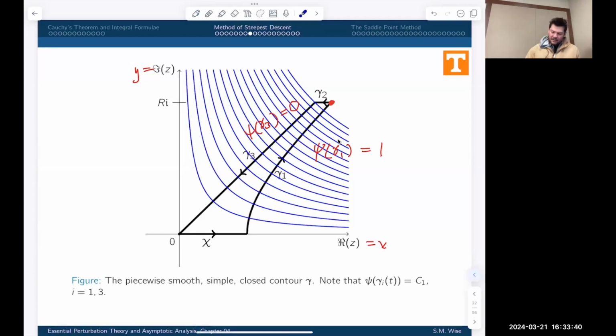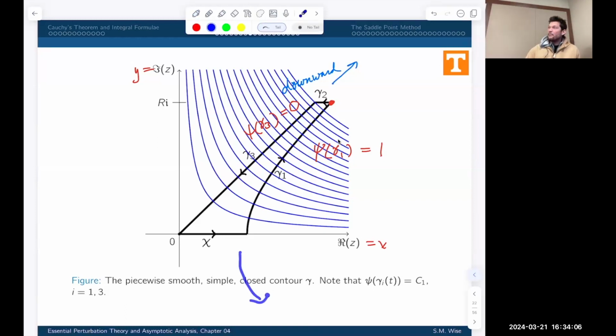I forget what the value of phi is here, but as we're going in this direction, we're going downward in phi. So as you move this way, it's downward. Okay, this is the downward direction, as we move out that way. That's why we've chosen this branch. If we look at this branch over here, then we're going to move upward in phi. Here we're moving downward in phi.